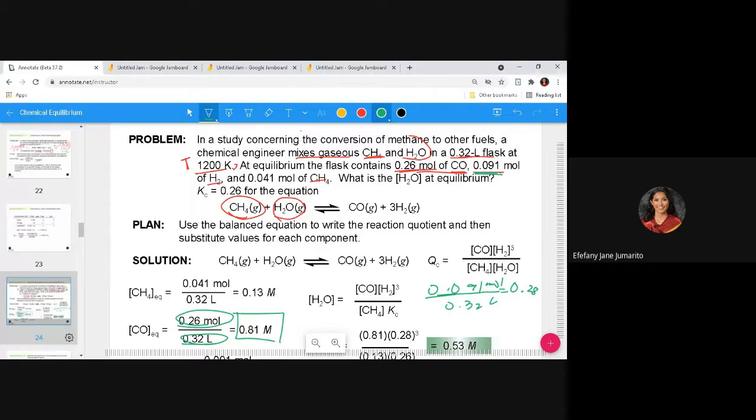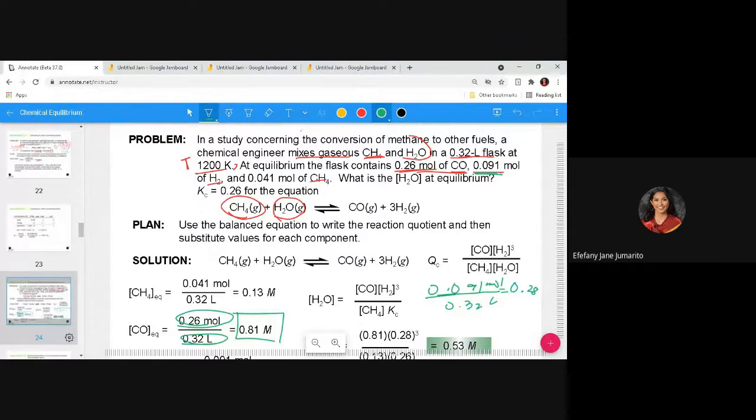That is at equilibrium already. And 0.26.